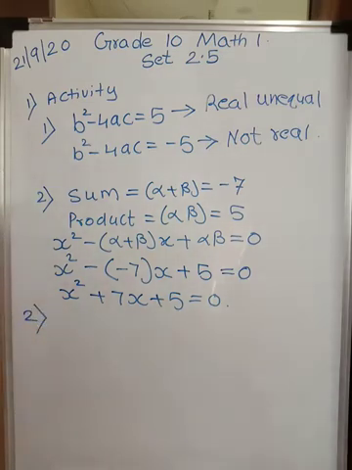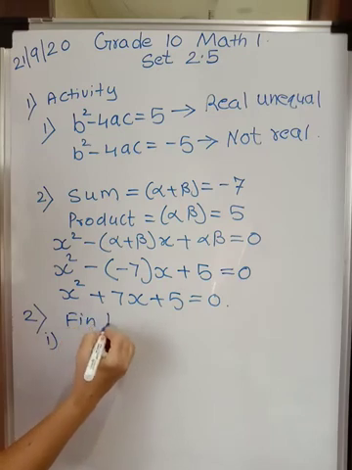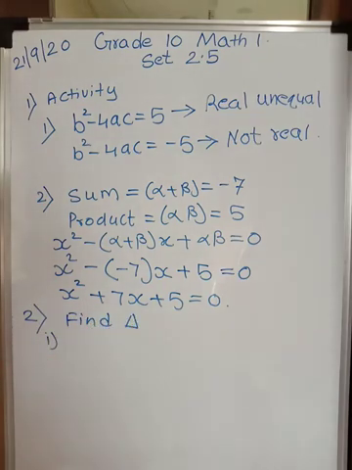The second question is to find the value of the discriminant. In that, the first is you have to find the discriminant, meaning find delta. Which is the first equation they have given? x square plus 7x minus 1 is equal to 0.